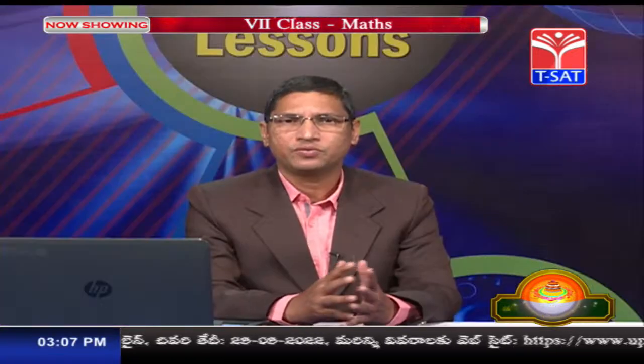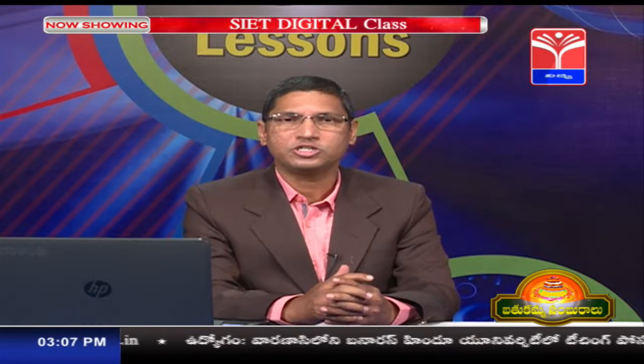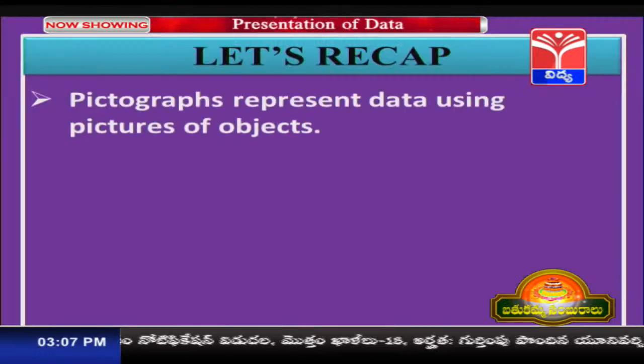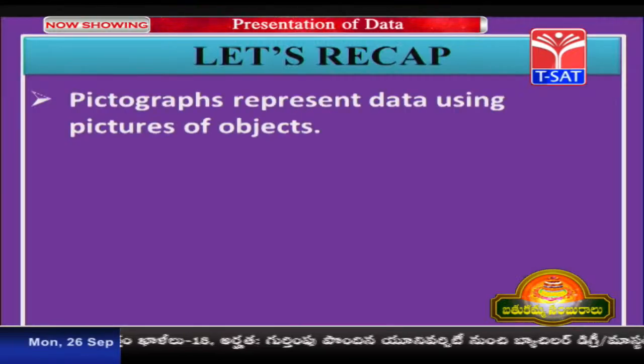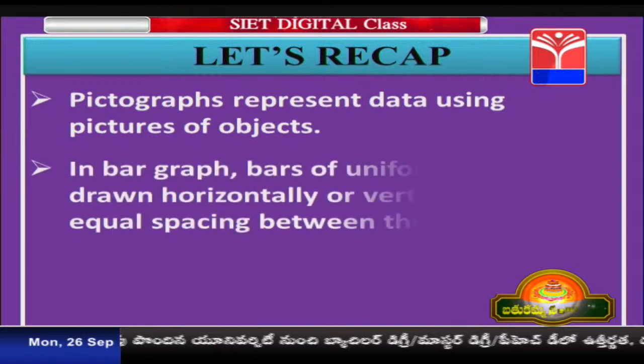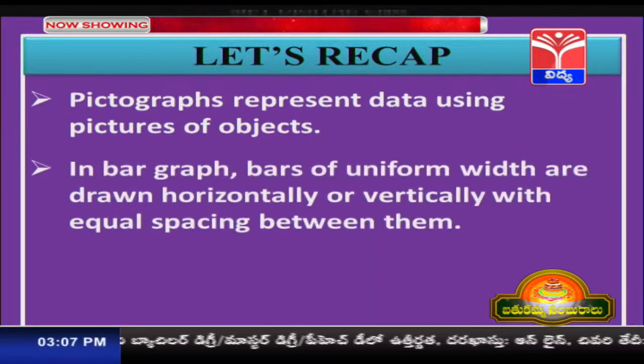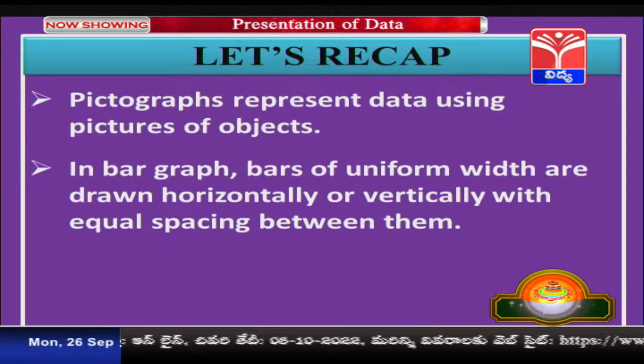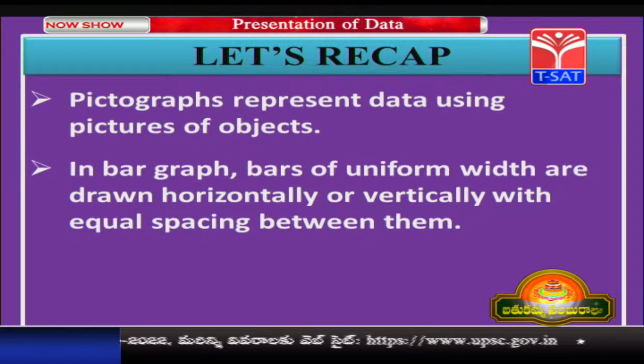So children, with this we have come to the end of our learning the concepts as well as solving some problems. Okay children. Now let us quickly recap what we have learnt in this session. So pictographs represent data using pictures of objects, and bar graphs are bars of uniform width which are drawn either horizontally or vertically with equal spacing between them.